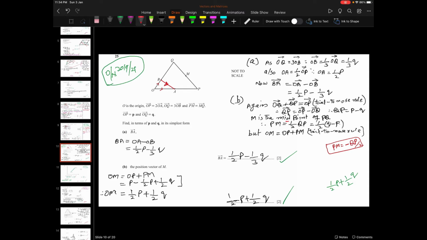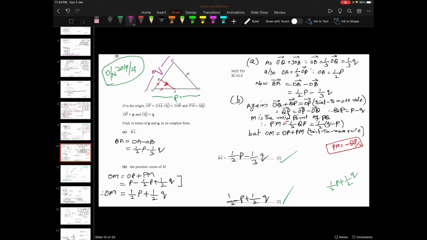It means M is the midpoint of P and Q. Vector OP is equal to P and vector OQ is equal to Q. We should find the value of BA.